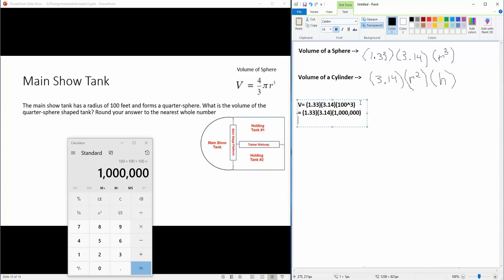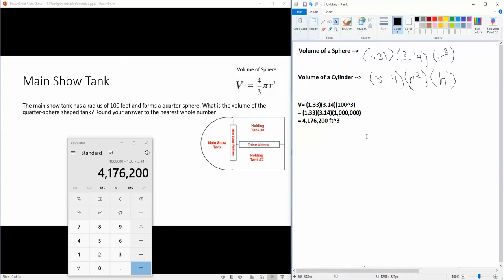Once you have that, you literally can just multiply straight across. So since we're ready, I'm just going to multiply 1.33 times 3.14. And that gets us our overall volume, which is 4,176,200.